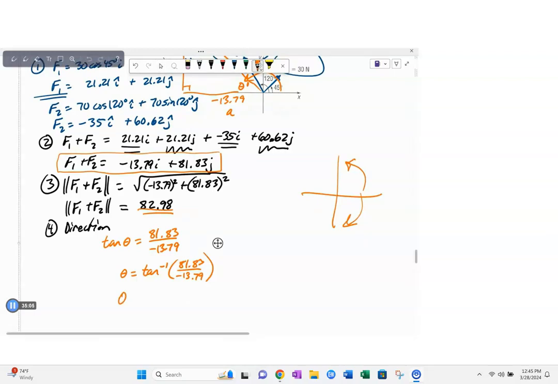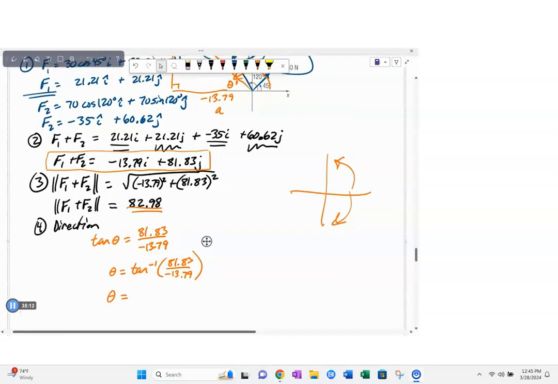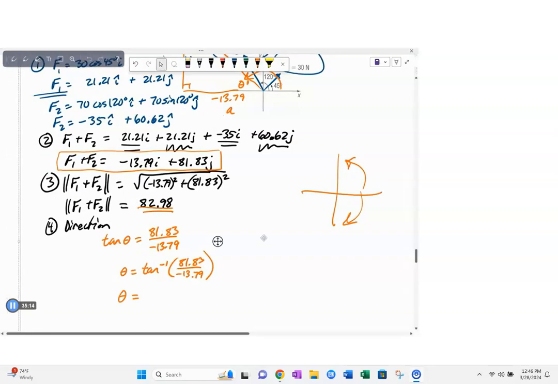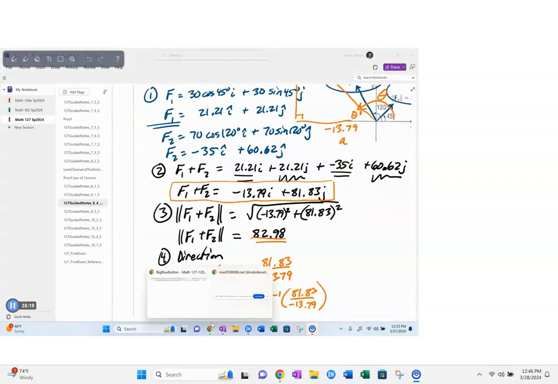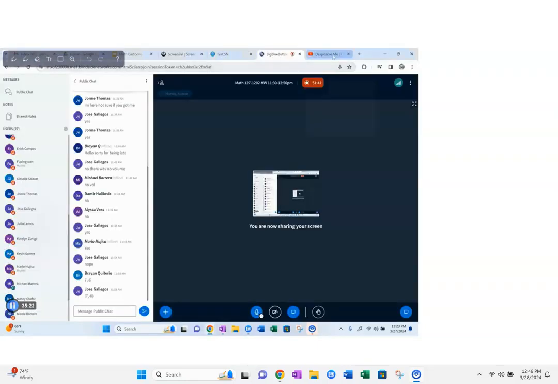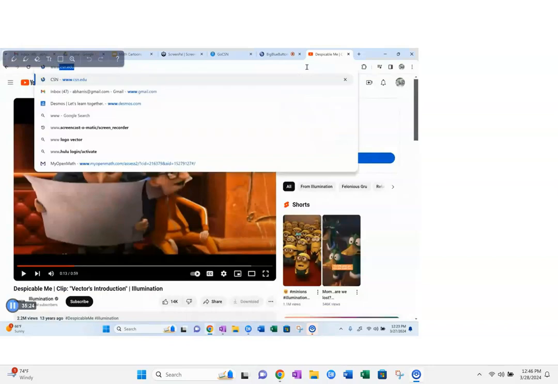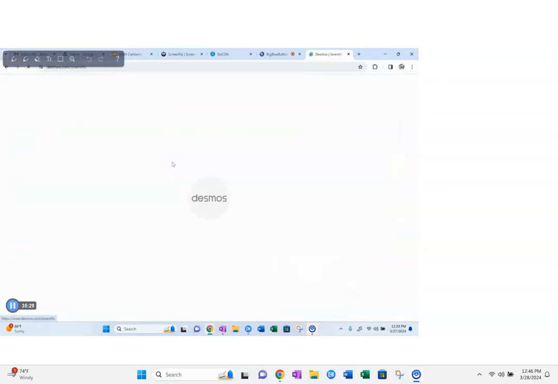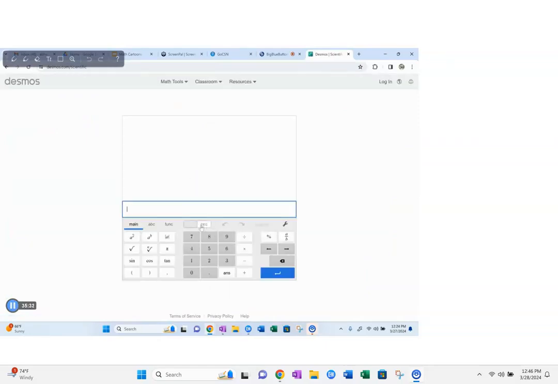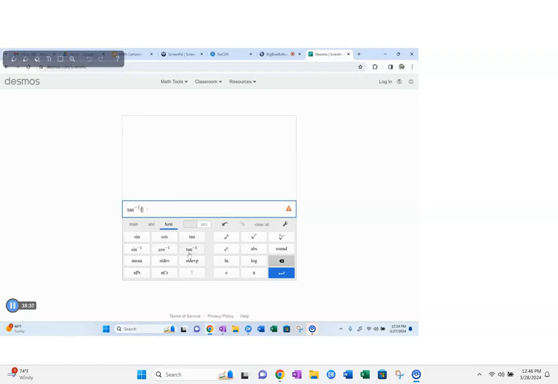Let's see what this thing spits out. Let me pull up my Desmos. I wanted it to spit out in degrees, so I make sure I'm in degrees. Let me take the arctangent of 81.83 divided by negative 13.79.